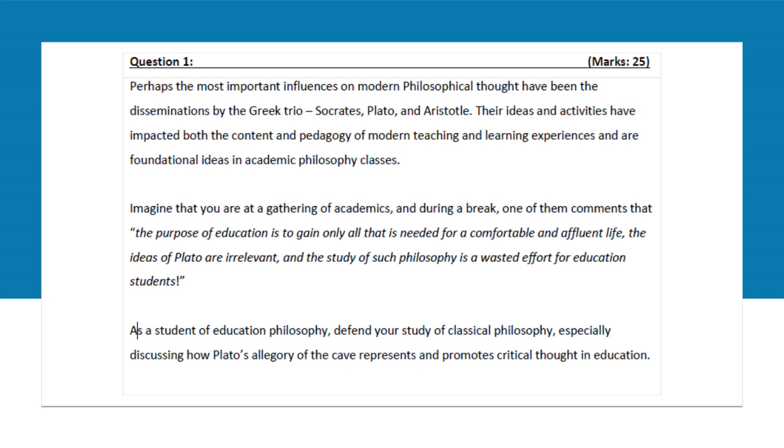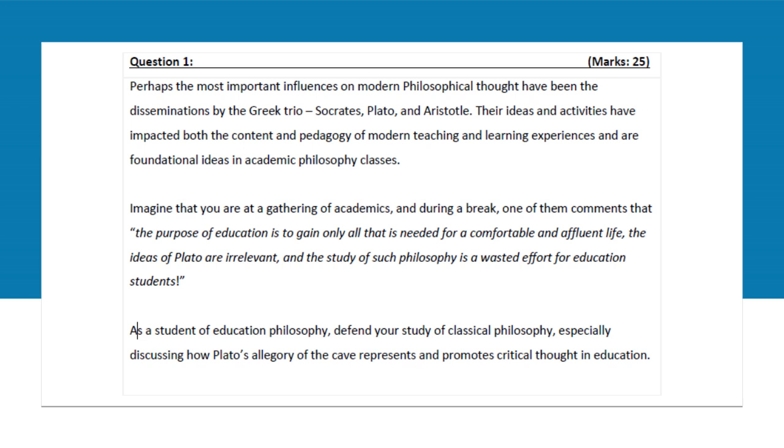Their ideas and activities have impacted both the content and pedagogy of modern teaching and learning experiences and are foundational ideas in academic philosophy classes. And now they've given you a statement. So that opening little paragraph is telling you that the work of Socrates, Plato, and Aristotle are important. Why? Because that is what education is built on.